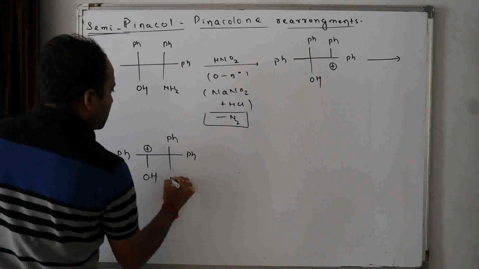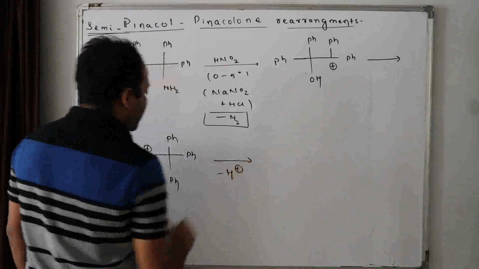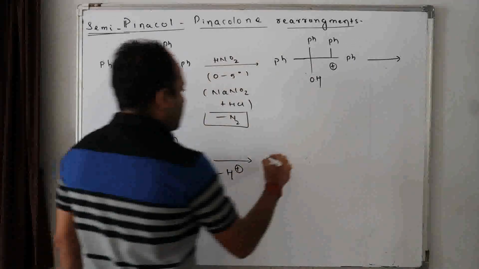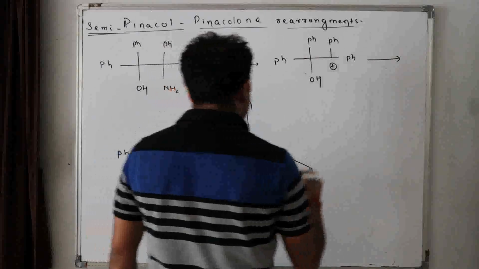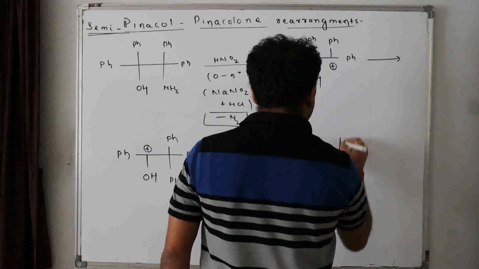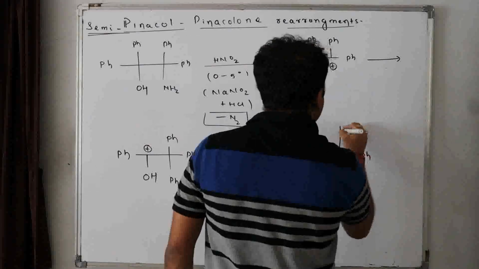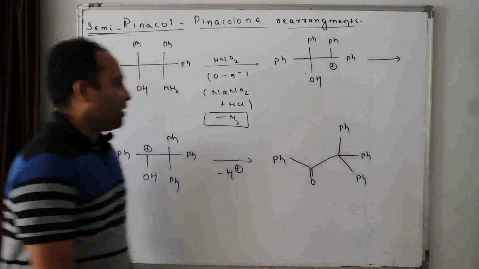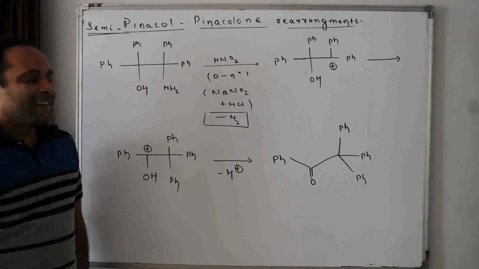Ph, Ph. Then next H plus fired. What will happen? Ph, double bond O, Ph, Ph. Did you get this answer, beta? Was it easy? Clear?